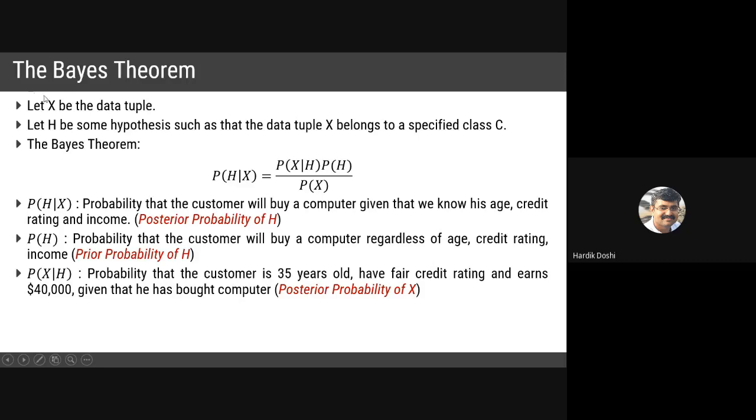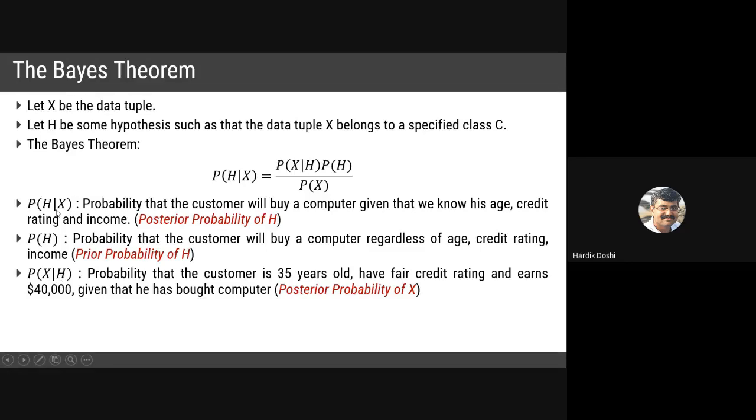This record is belonging to our training data set, and that is termed as the posterior probability of X. Over here H, over here X. So don't confuse between these two. Over here it is pronounced as H given X. Over here it is pronounced as X given H. That means the person is 35 years old and has fair credit rating and earns $40,000, and buys a computer. That is true, that is, it is available in our training data set.